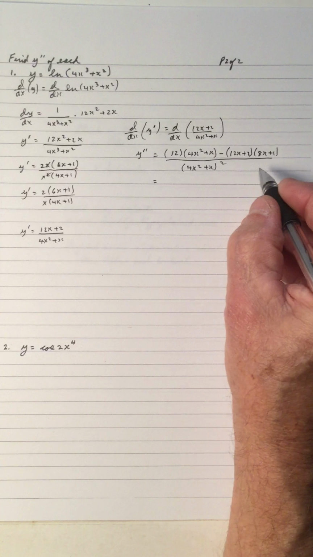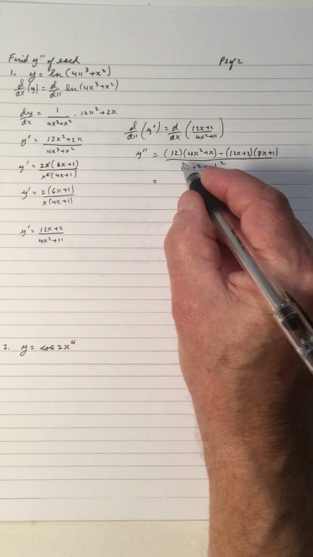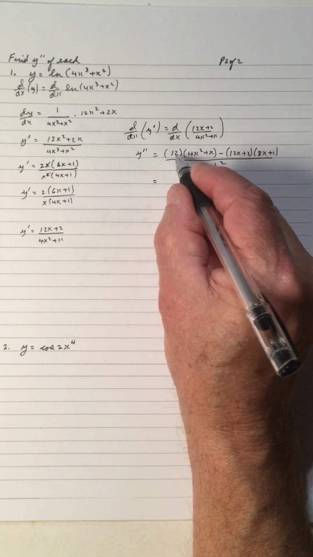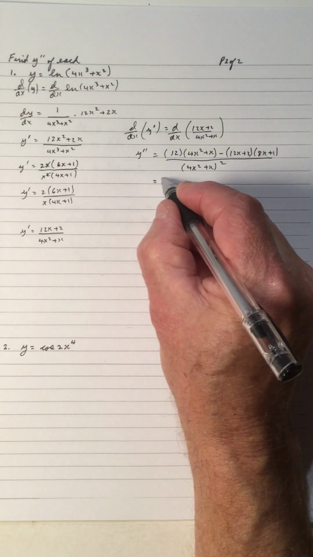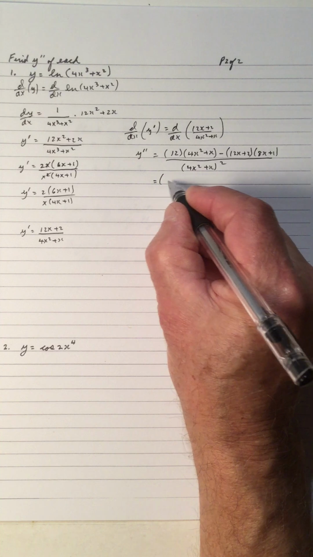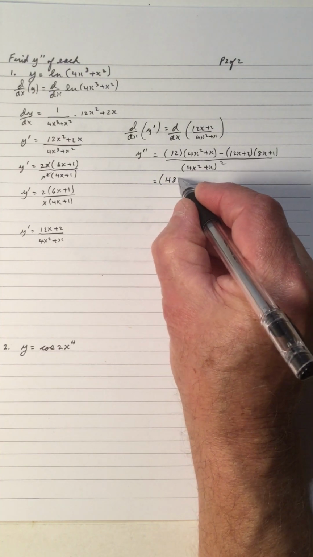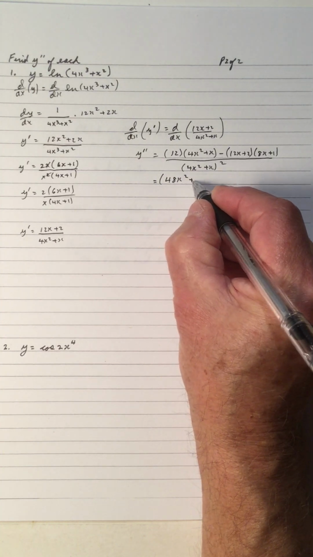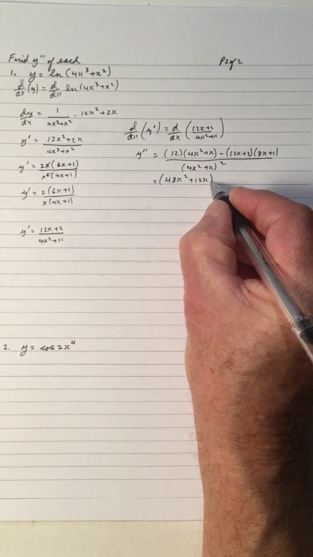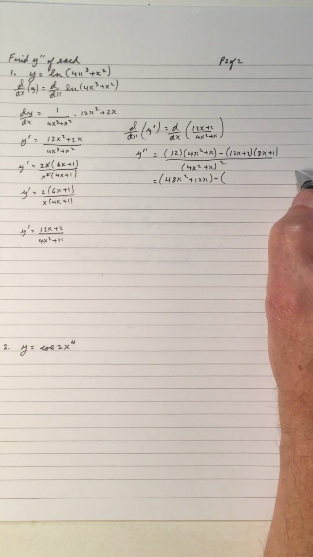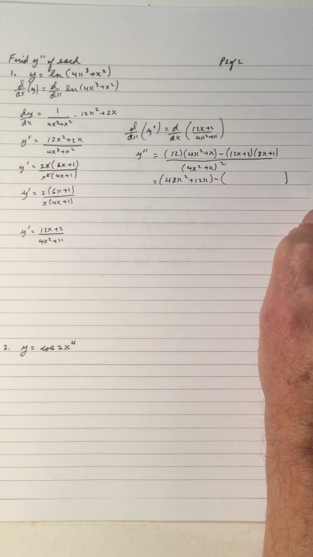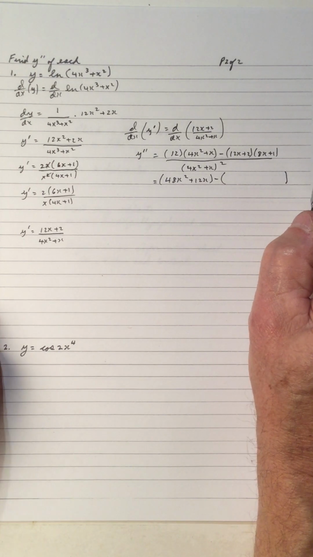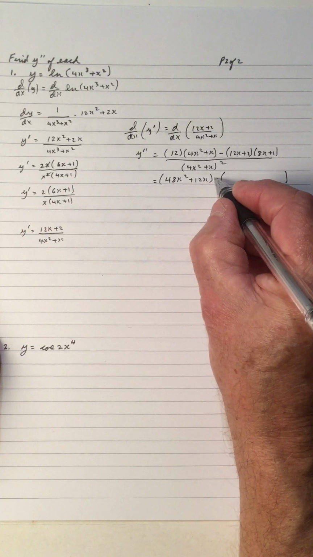And what does that give us? Well, if we multiply here, we get 12 times 4, which gives us 48x squared plus 12x. Subtract, and now can we multiply this fast? How fast can you multiply? Let's see, the negative is here.